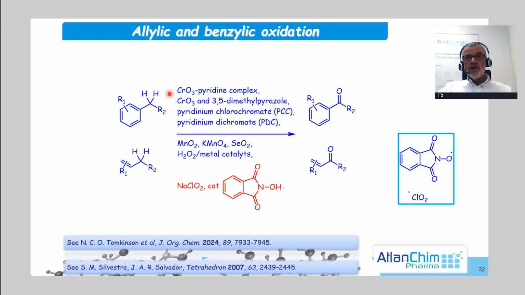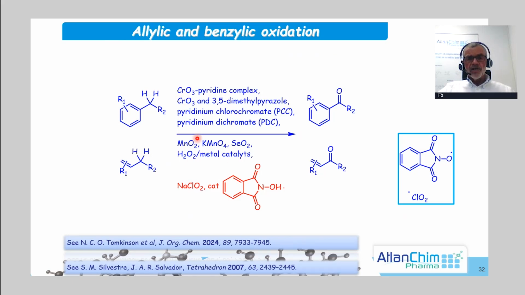Traditionally, chromium-6-based reagents such as ones presented here on this slide are used. However, the use of large excess quantities of reagents in most of these procedures, along with the difficult workup and the toxic chromium residues, makes such a procedure inconvenient on a large scale.